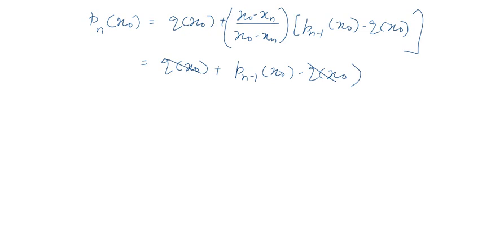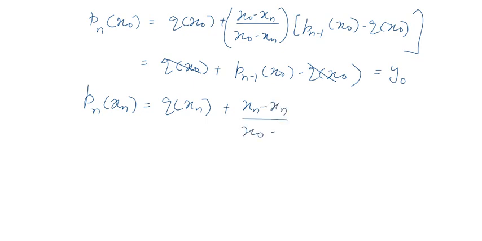And Pn minus 1 of x naught is y naught, since it interpolates x naught as well. Moreover, Pn of xn is equal to q of xn plus xn minus xn, that is 0, times Pn minus 1 of xn minus q of xn, that is q of xn, and q interpolates xn, so that is equal to yn. So Pn is an interpolating polynomial which interpolates x naught to xn.